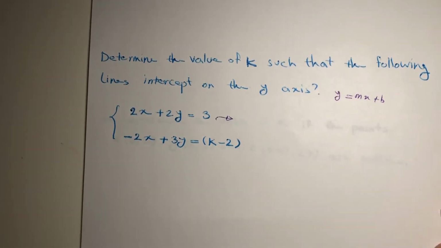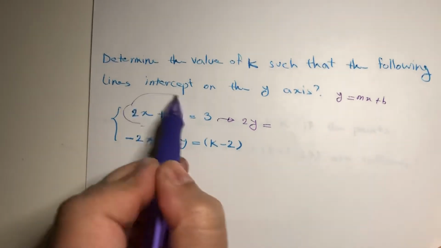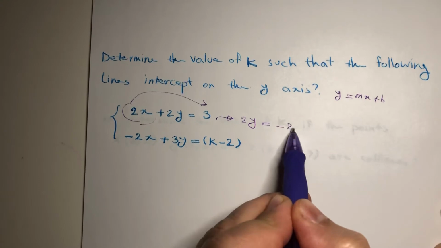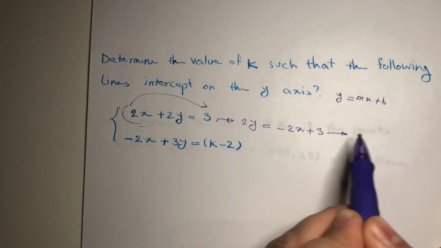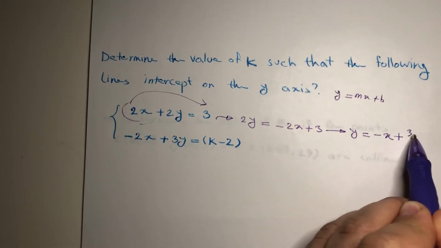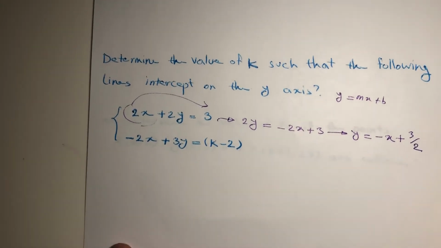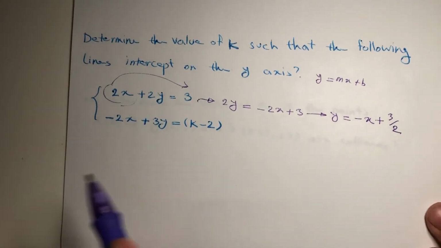Here, we'd say 2y equals, I take this one to the other side, minus 2x plus 3. Then I have to divide it by 2. Y equals minus x plus 3 over 2. So this is now in the standard line equation format.